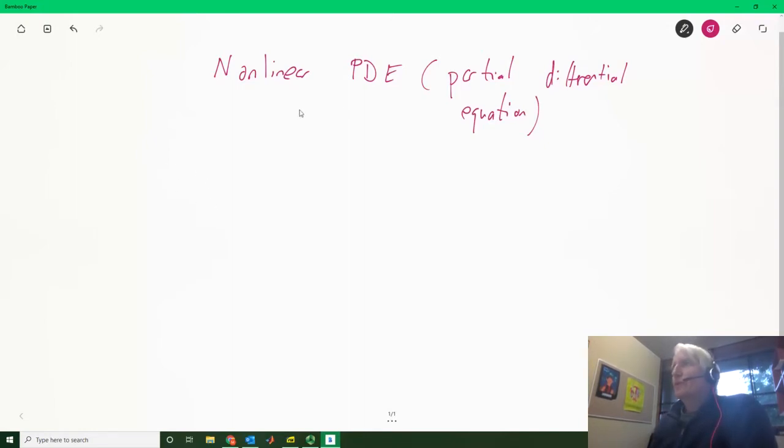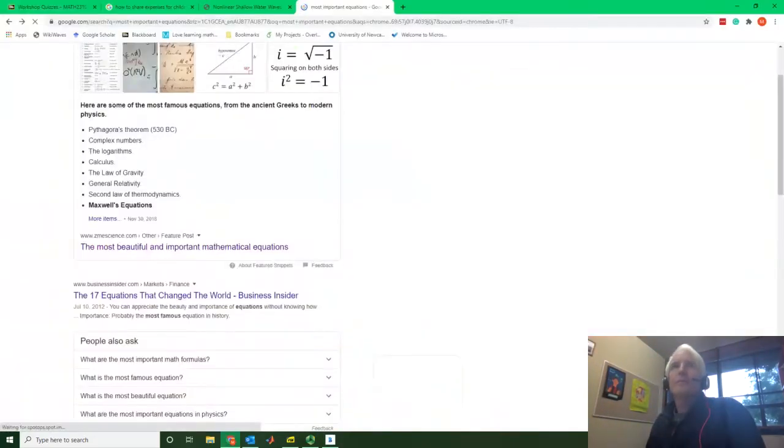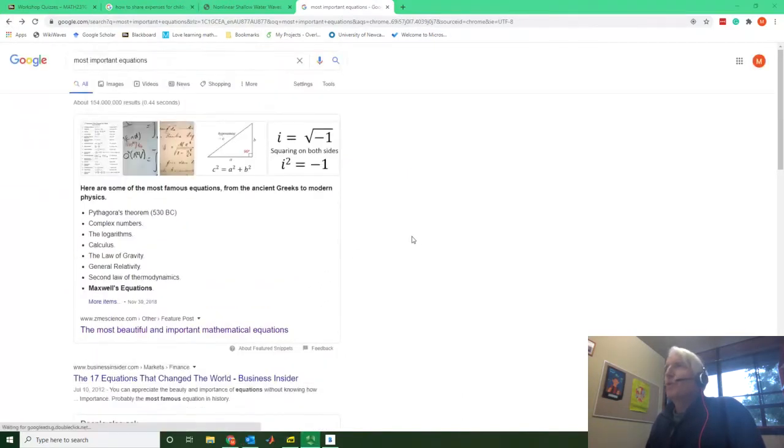We know what partial differential equations are, and they're just super important. If you look up something like the most important equations in the world, you'll find that so many of them are PDEs. I just typed in "most important equations".